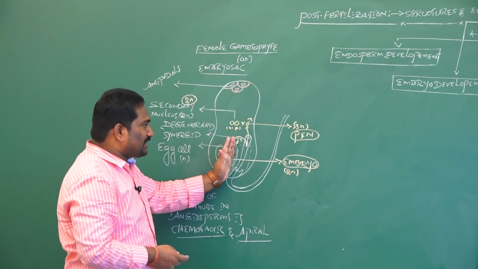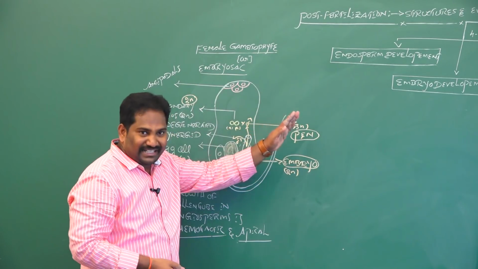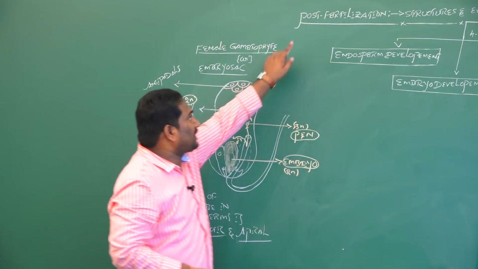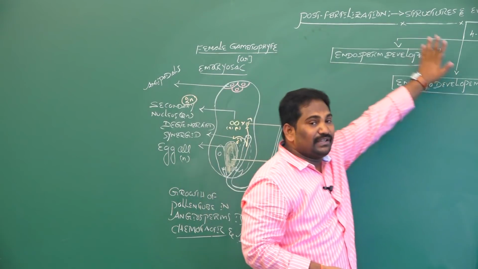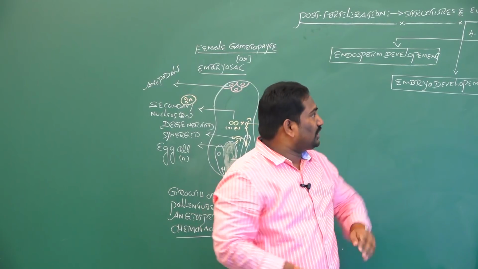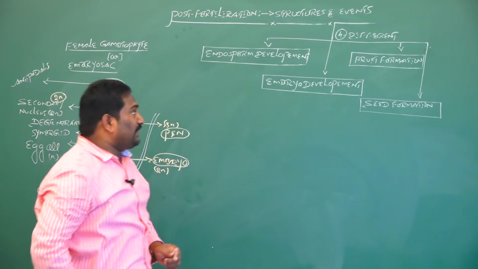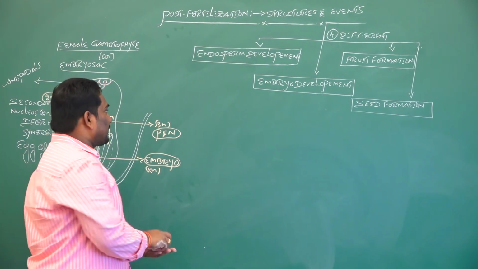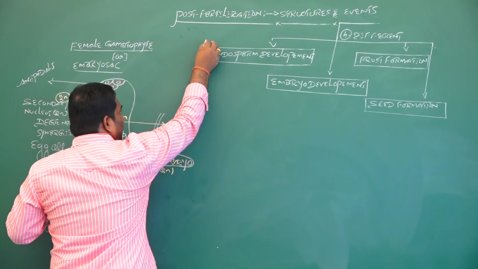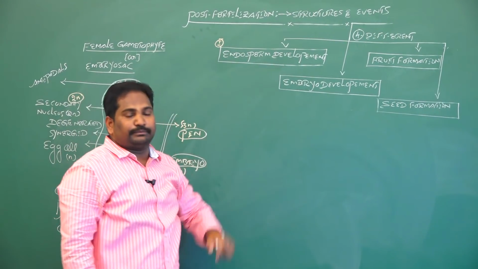So whenever fertilization happens, the changes that take place in flowering plants after fertilization are called post-fertilization events or structures. In flowering plants or angiosperms, four different types of post-fertilization events can take place. The first post-fertilization event is endosperm development.